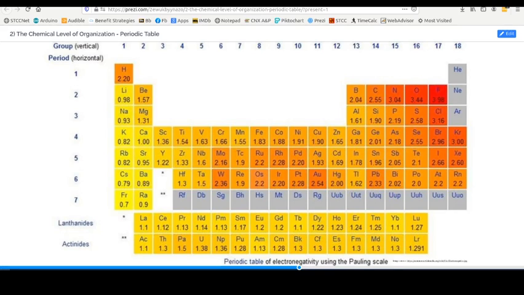Now, that property, considering the table here, is going to increase as we go up the rows to higher periods and across the columns to higher groups. The most electronegative element is fluorine, which is in essentially the upper right corner. It's right next to oxygen, right above chlorine, and you can see the numbers there.